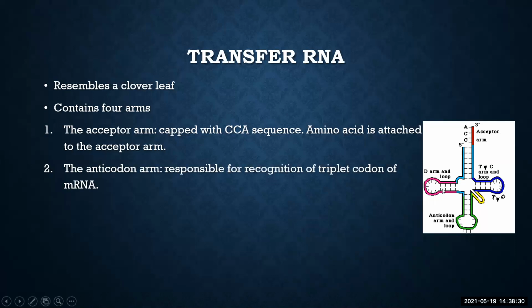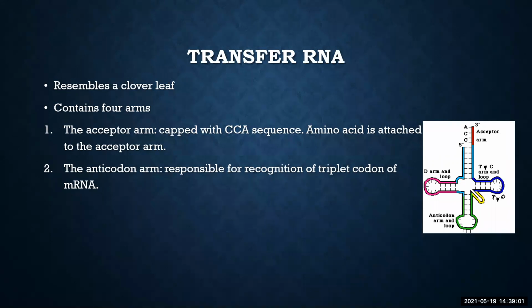The next arm is the anticodon arm. So this part. Anticodon arm is responsible for recognition of the triplet codon of mRNA. So what is this triplet codon? Triplet codons are 3-nucleotide sequences, something like this. So this is a triplet codon. You can see CCA. Each amino acid has a specific triplet codon.